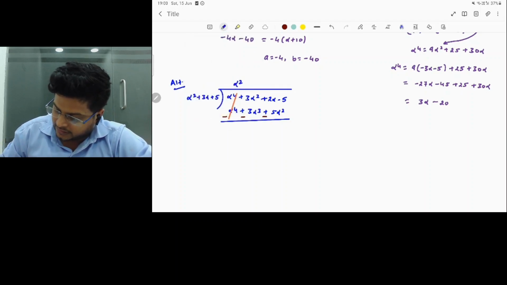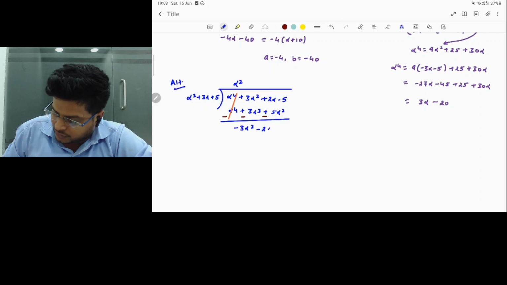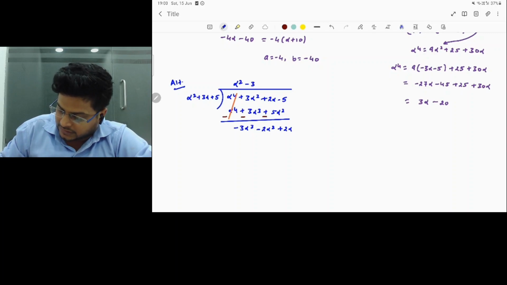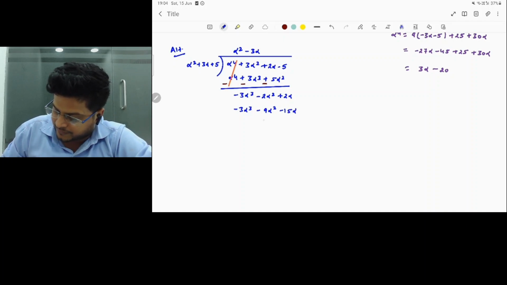And then we'll be getting minus 3 alpha cube. 3 alpha square minus 5 alpha square will give you a negative of 2 alpha square. And then there is 2 alpha. So now we can go with a minus 3 alpha. Right? So what we'll be getting? We will get minus 3 alpha cube minus 9 alpha square and minus 15 alpha.